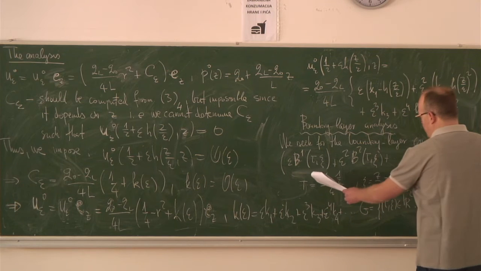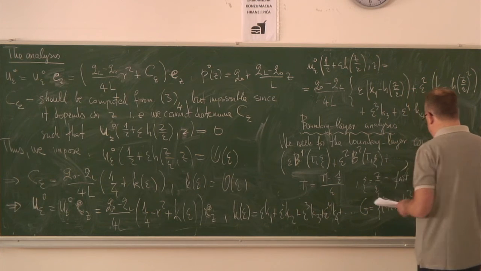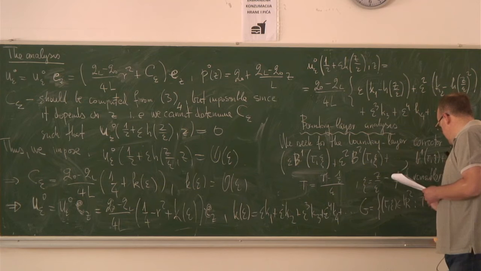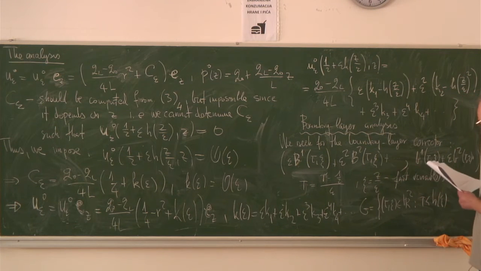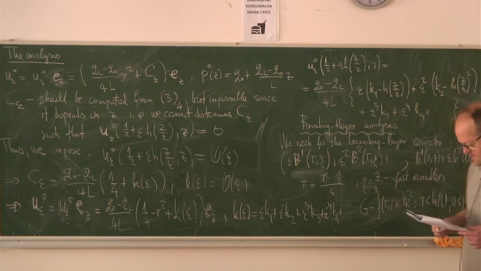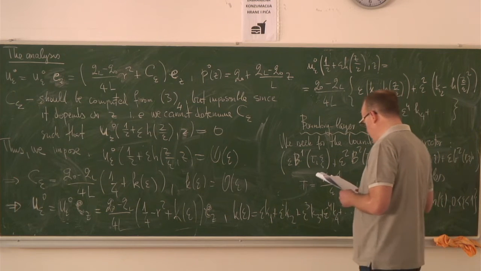So if you recall what is the range of the radial variable, you conclude that this is for tau, and this is for c.